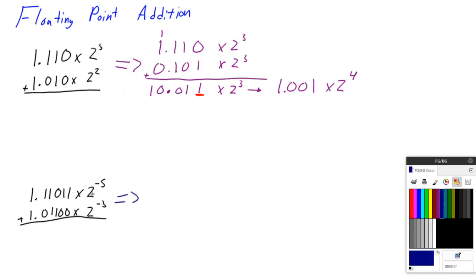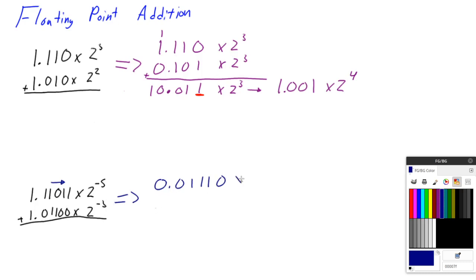We need to shift this guy 2 places that way, right? Shift it 2 places that way. And so what's that leave us with? That leaves us with 0.01110. So these 2 1s got shifted off into oblivion again. That's just kind of the sacrifice you have to make with floating point numbers sometimes.